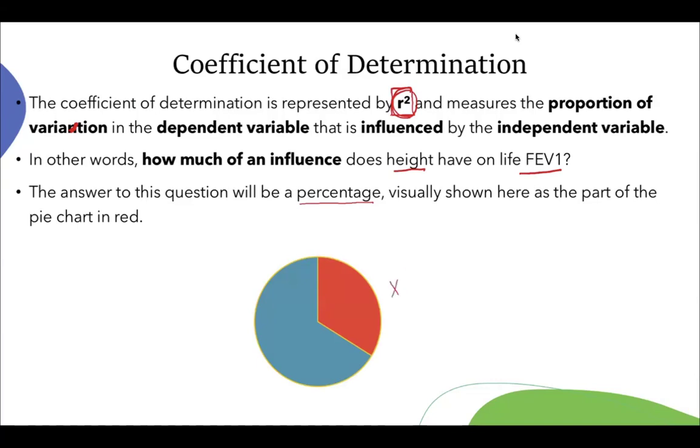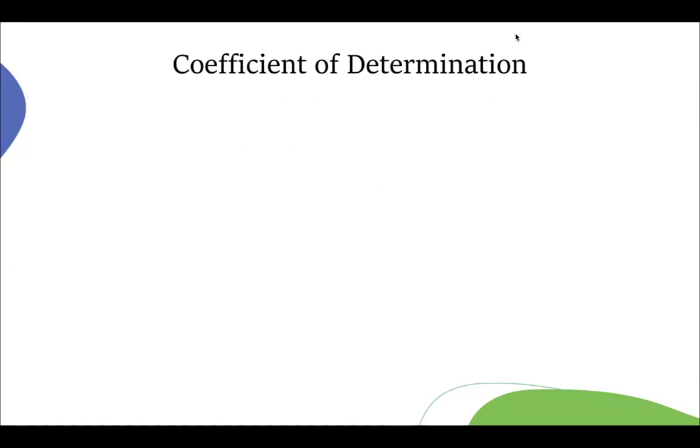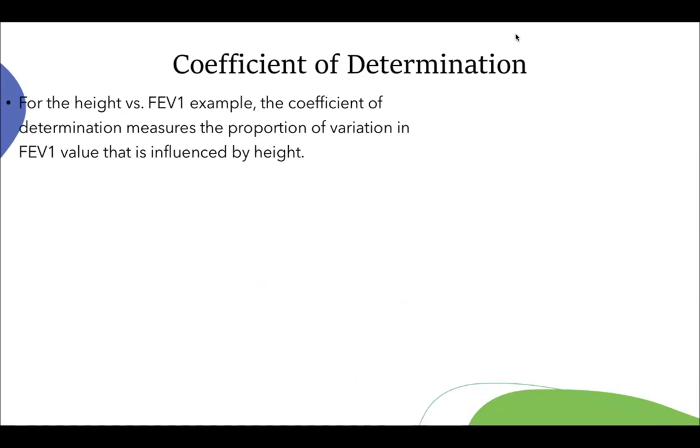So let's say X percent, and factors outside would be considered the other percentage. We can say that that's the Y percent. Okay, so for height versus FEV1, the coefficient of determination measures the proportion of variation in FEV1 influenced by height.